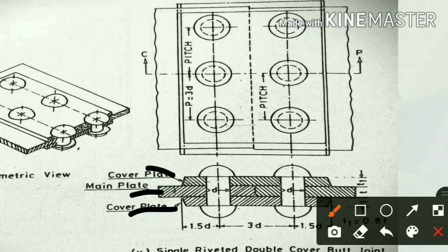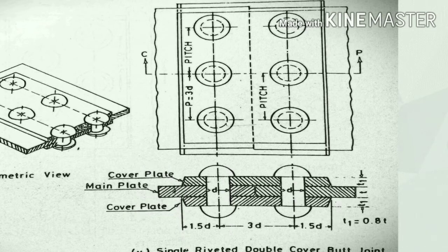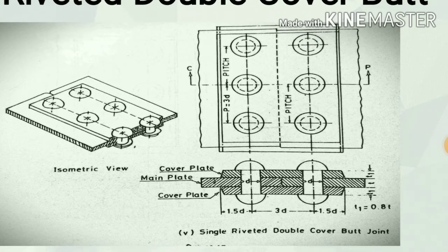P is similar, P is equal to 3D pitch. The distance from one rivet center to another rivet center is 3D, and from the edge the distance is 1.5D, the same on the other side. T is the main plate thickness and T1 is the cover plate thickness. So T1 is equal to 0.8T. Single riveted double cover butt joint.